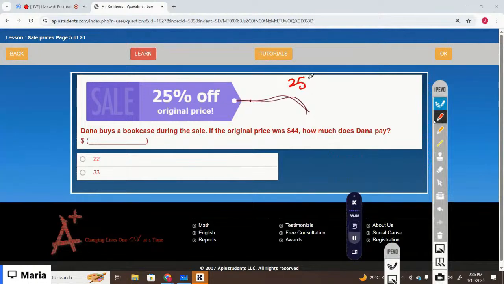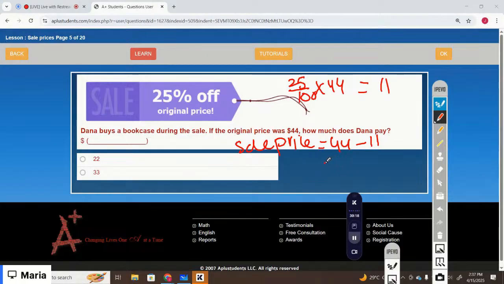So let's calculate 25% off 44. That is 11. The sale price is the original price minus the discount.